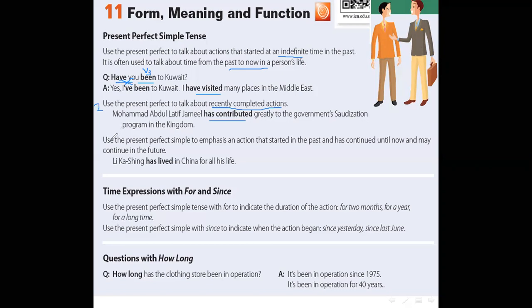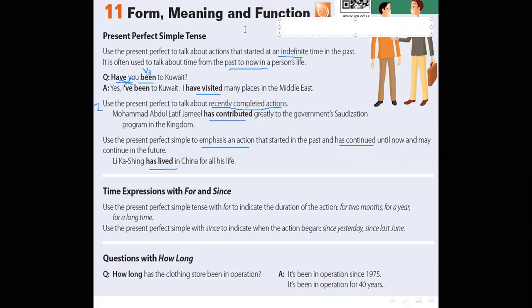We also use the present perfect simple to emphasize an action that started in the past and has continued until now and may continue in the future. For example, Li Keqiang has lived in China for all his life. Now, who can tell me what's the form of present perfect simple tense?